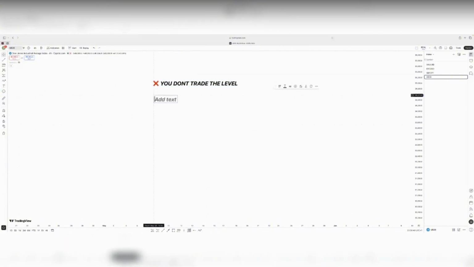What you do is you trade the reaction. And we will talk about the reaction in our next conversations, how price reacts, which is when we talk about entries and edge. But I don't want to talk about that now. I hope you are getting it.